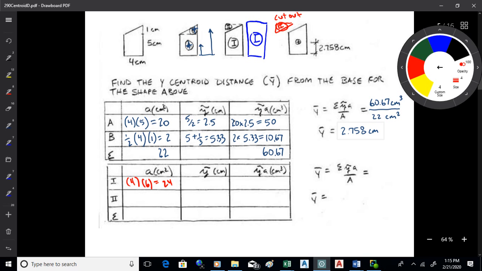Half of 6 is 3. 24 times 3 is 72 for the first one. Is that good?